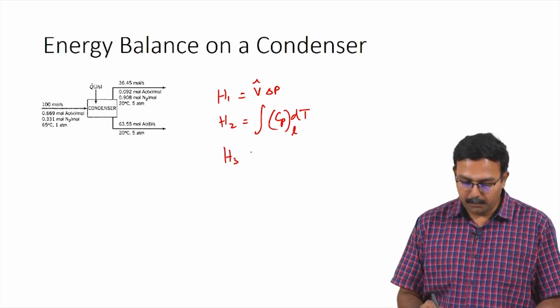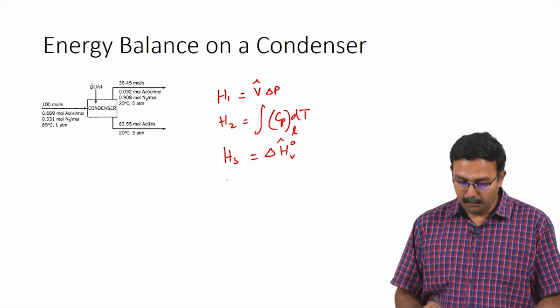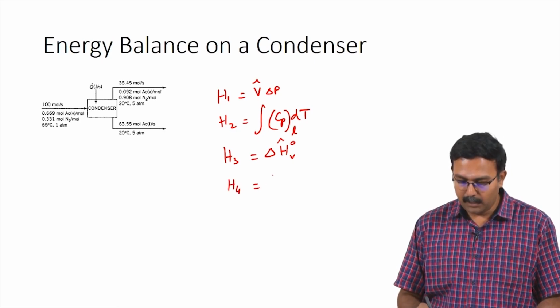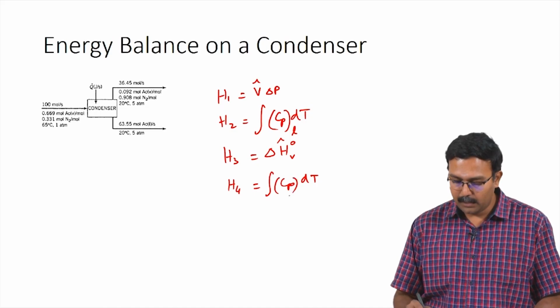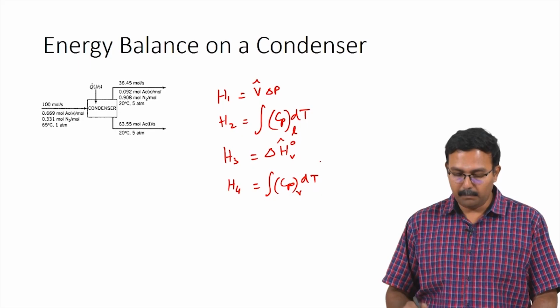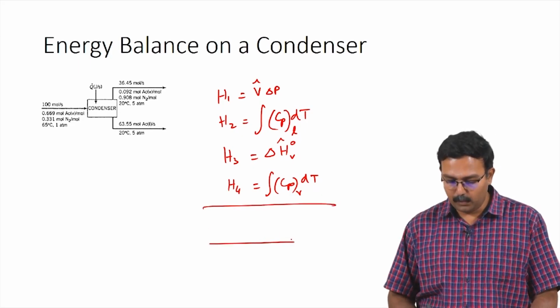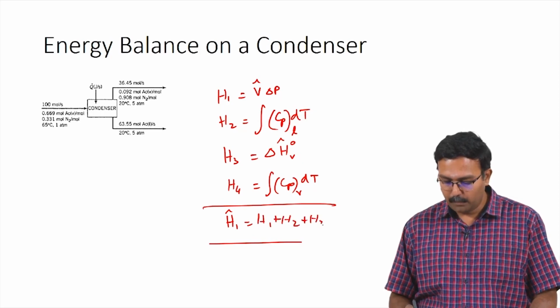The third step is where phase change is happening, so you would look up the heat of vaporization from the tables. The fourth step is again a change in temperature, Cp dT again, where you will use the Cp for acetone vapor. Now, the summation of these 4 things together will give you H1 cap, which is equal to H1 plus H2 plus H3 plus H4.